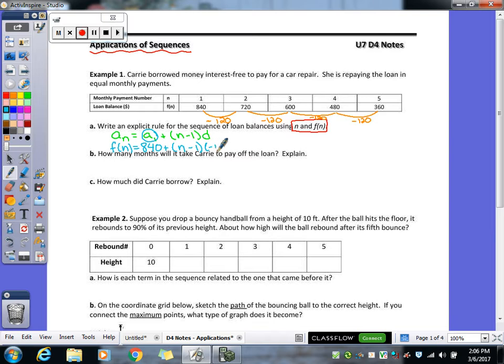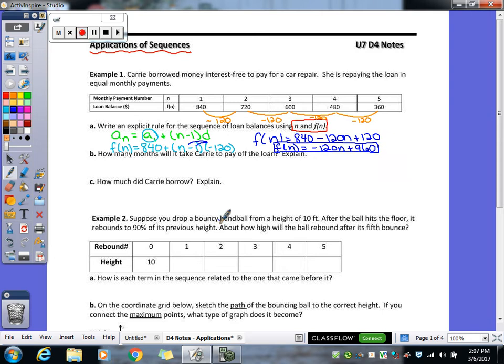And our common difference is negative 120, because that's what it's going down by. So I'm going to distribute here. So I get f of n equals 840 minus 120n plus 120. So just cleaning that up a little bit more, we get negative 120n plus 960. There is our explicit rule.